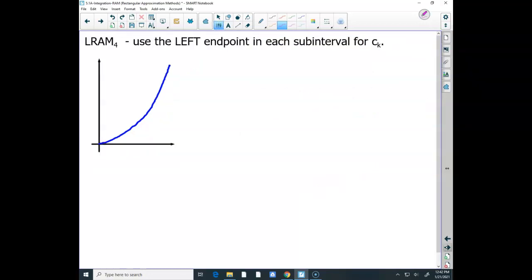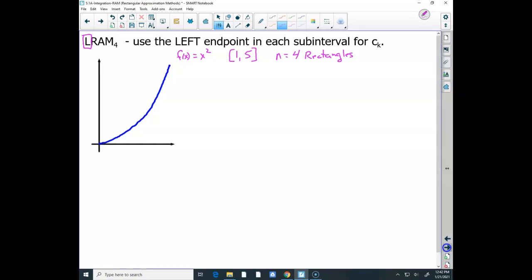So let's remember here our f of x function is x squared. We are going on the interval from 1 to 5 with n equals 4 rectangles. And this is using a left RAM, so it's a left endpoint.